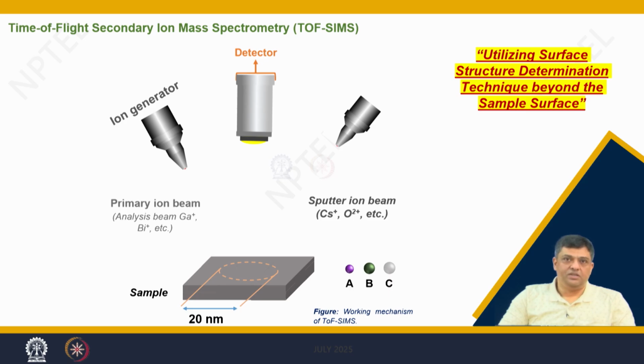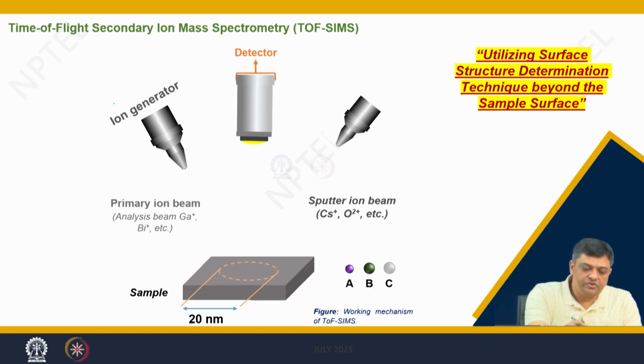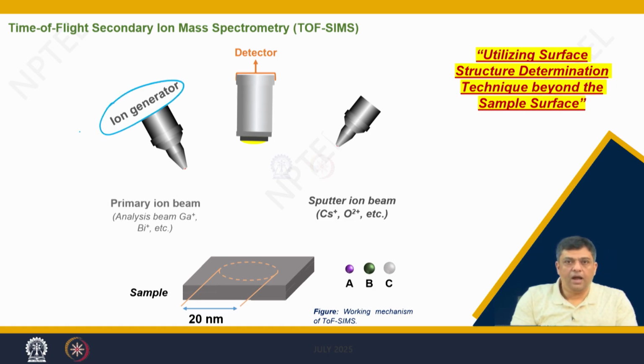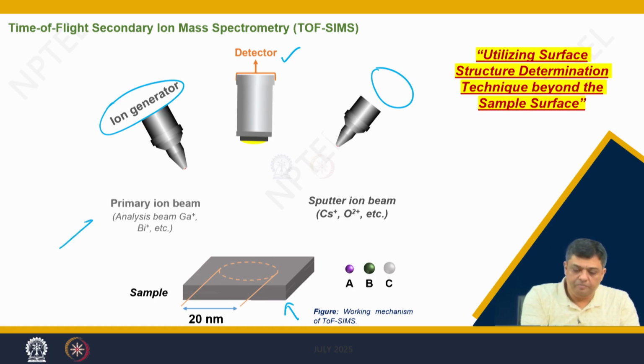What happens in this? What do you do? For example, let us say time of flight secondary ion mass spectrometer. So, you have an ion generator and you have a sputtering beam and you have a detector. There is a sample. So, there is a primary ion beam and then there is a sputter ion beam.